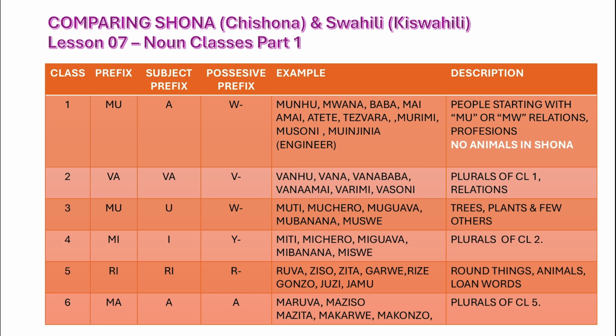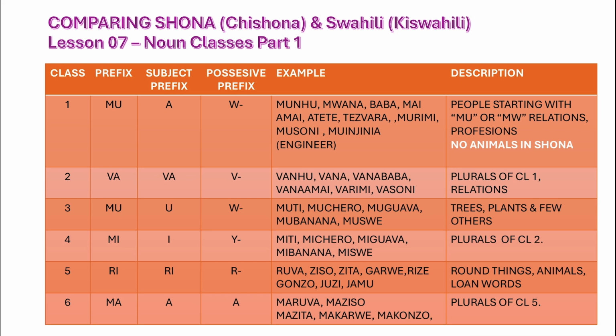Ziso is an eye. Zita is a name of a person. Garwe is a crocodile. Rize is a scorpion. Gonzo is a rat. Loan words like jezi, a jersey. Jamu is a jam made from fruits.